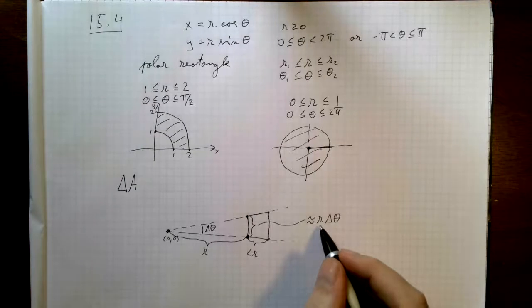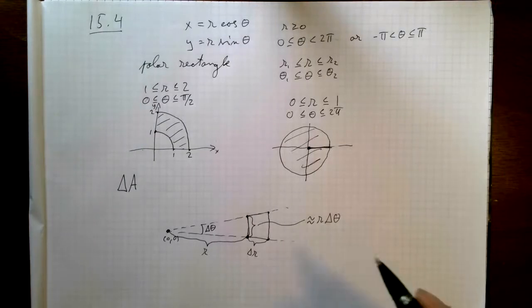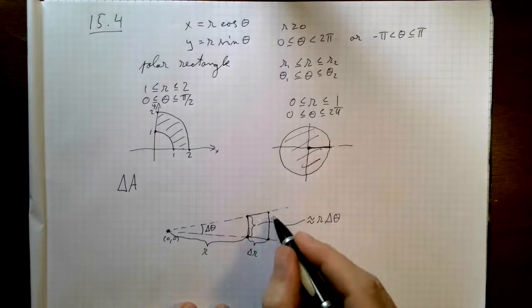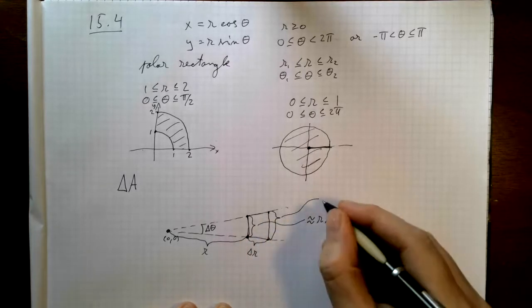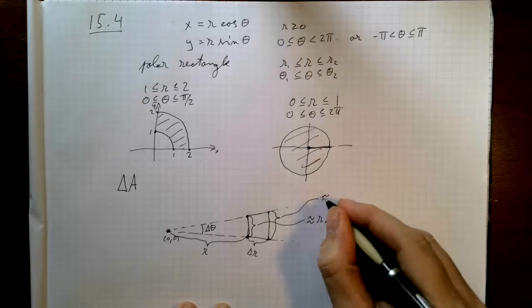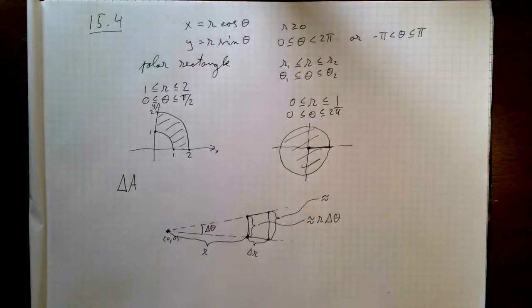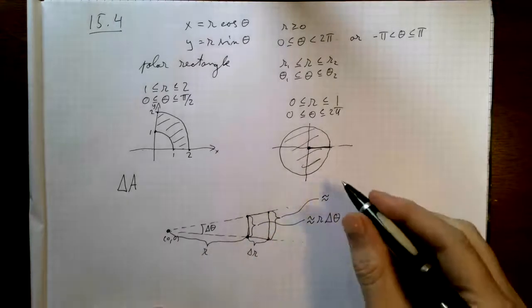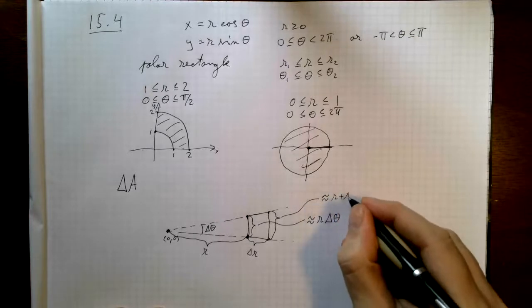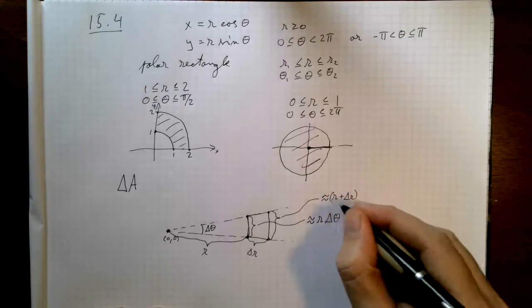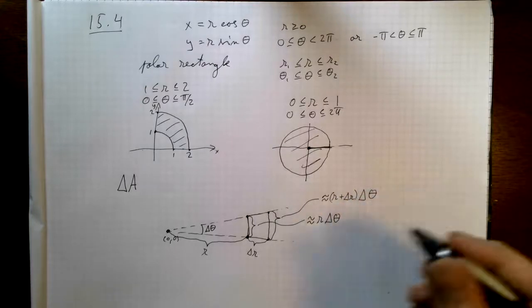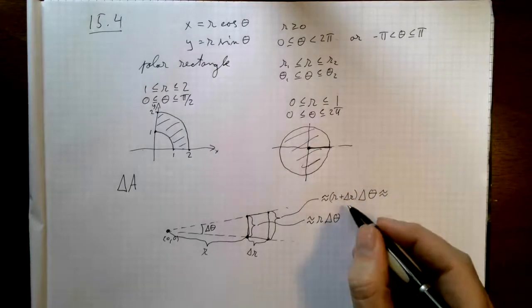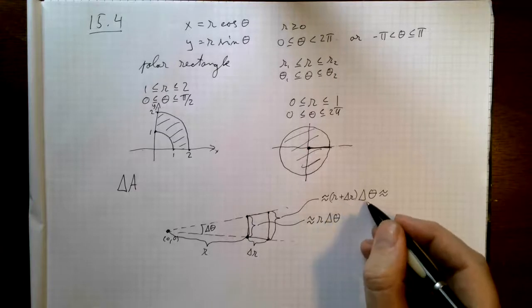Okay, so if you have r, this distance would be maybe over here. I'm saying approximately because I'm thinking of the straight line distance. It's approximately r plus delta r times delta theta, but really that's approximate because delta r is really small and delta theta is really small.